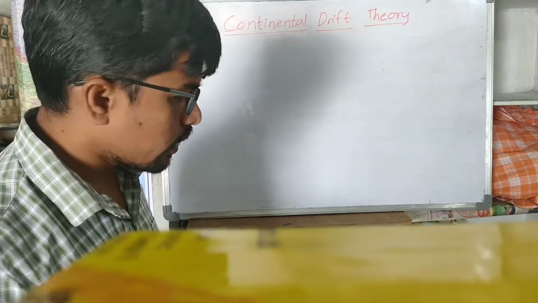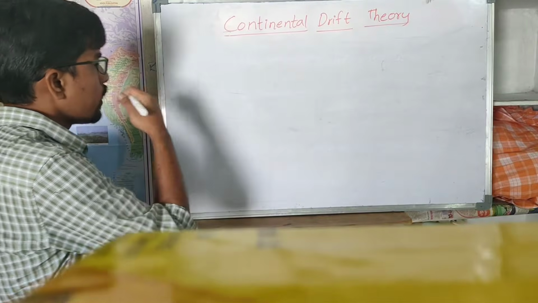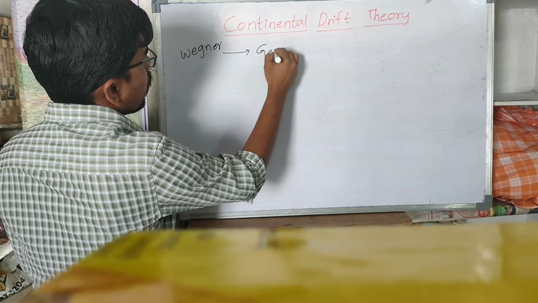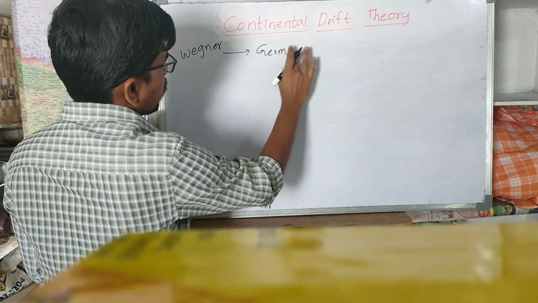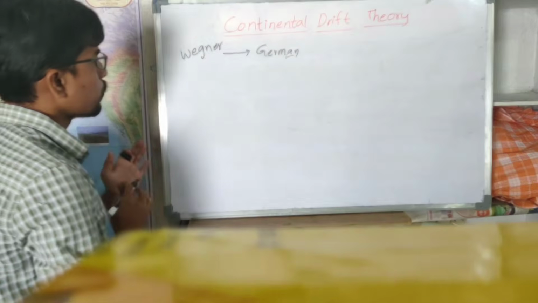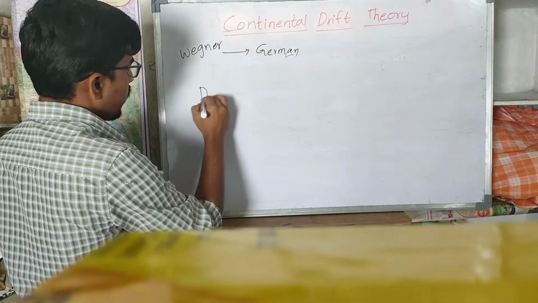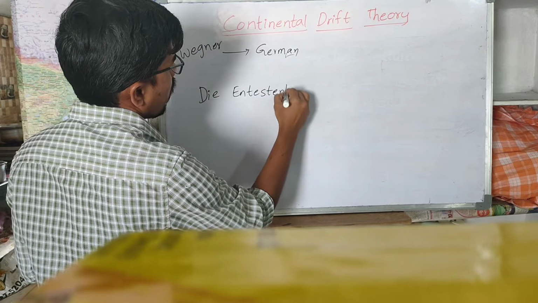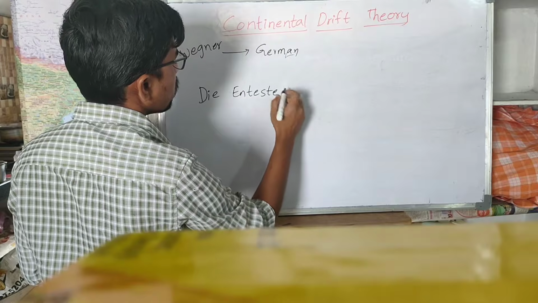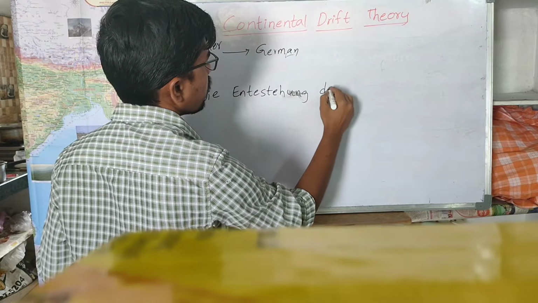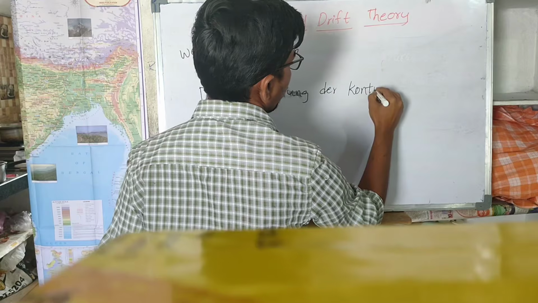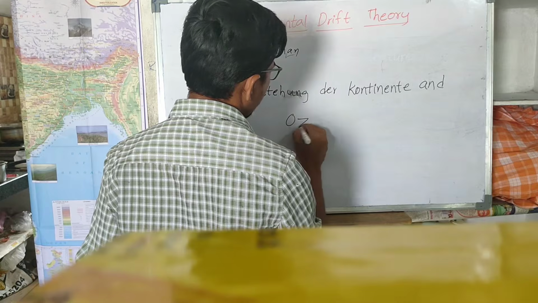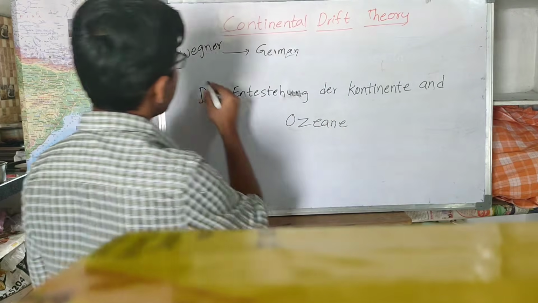The continental drift theory was explained by Wegener, who was a German. He wrote a book, Die Entstehung der Kontinente und Ozeane.